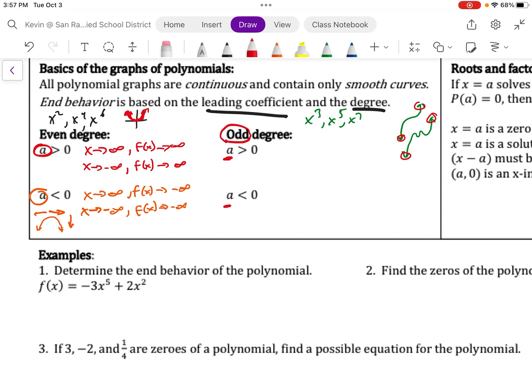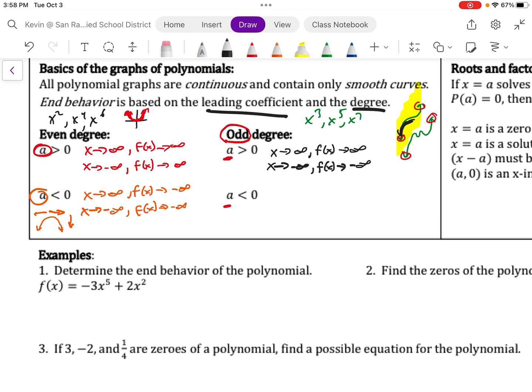So if a is positive and it's an odd degree, as x goes towards infinity, f of x also heads towards infinity. But as x goes towards negative infinity, f of x also gets smaller, heading towards negative infinity.